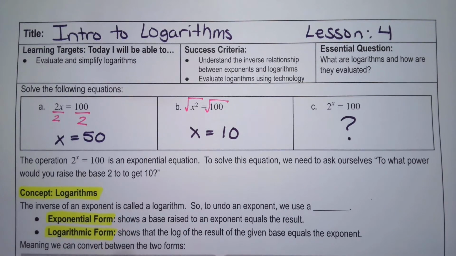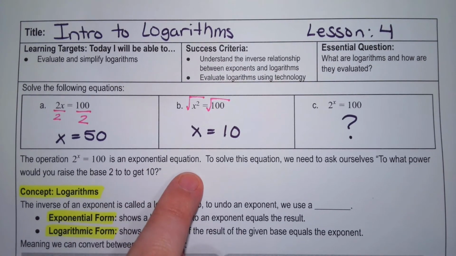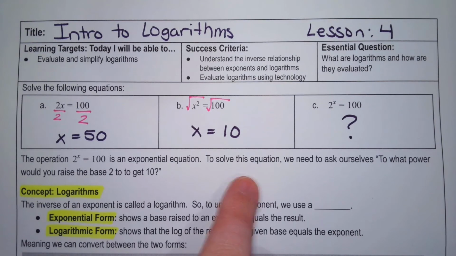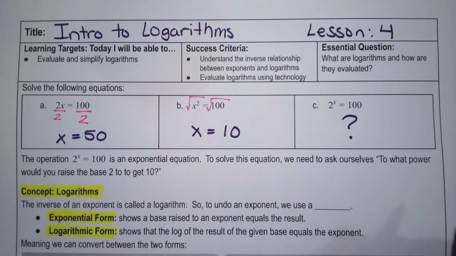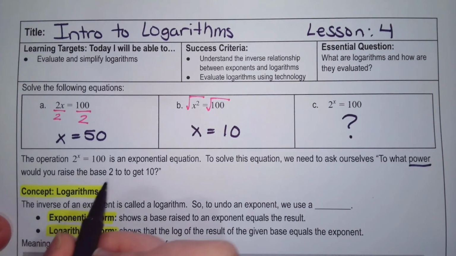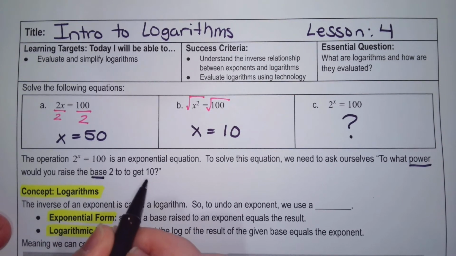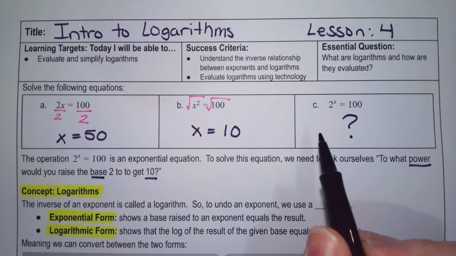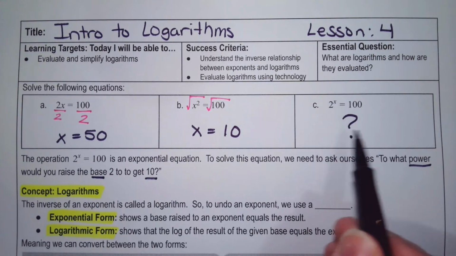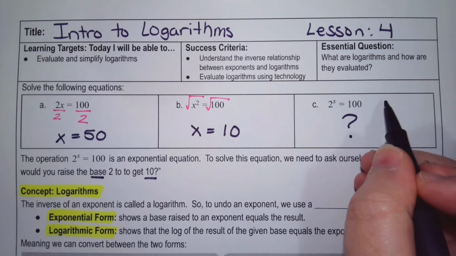So 2 to the x equals 100 is an exponential equation. To solve this equation, we need to ask ourselves, to what power would you raise the base 2 to get 100? Well, remember, exponents is just multiplying.